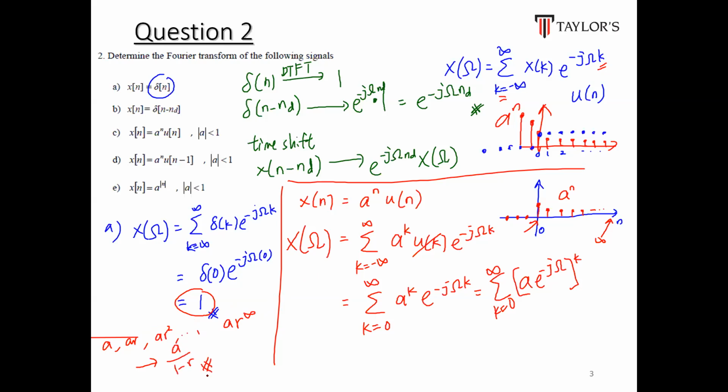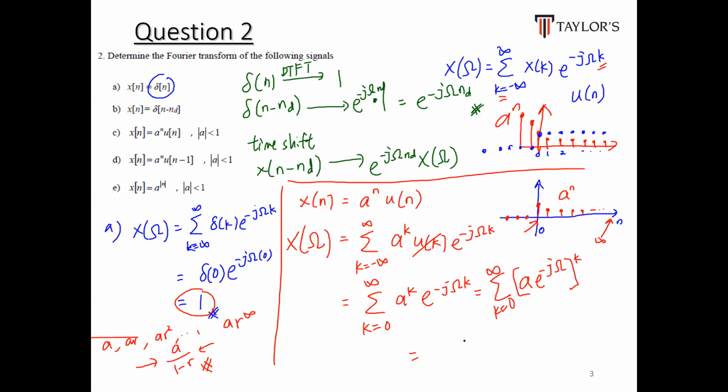If you don't know this formula, please refer back to any mathematics textbook or the internet. Just search geometric series or geometric progression, and you can also search how to prove it. So in this case, a is just the first term.